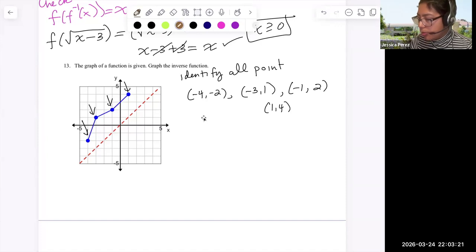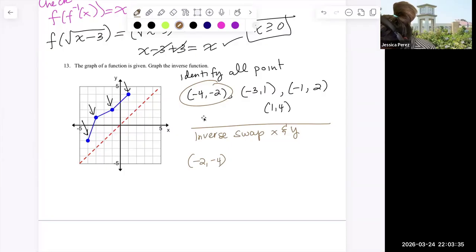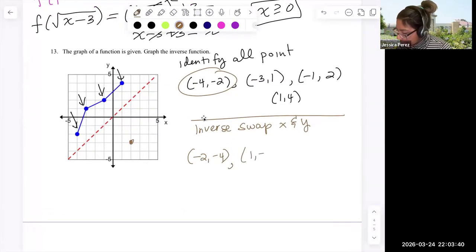Well, that's going to find the inverse. Remember, you swap x and y. So instead of -4, -2, it's going to be -2, -4. Let me change this one.